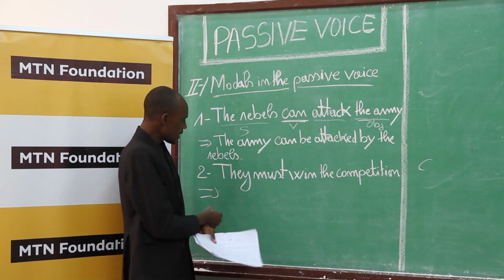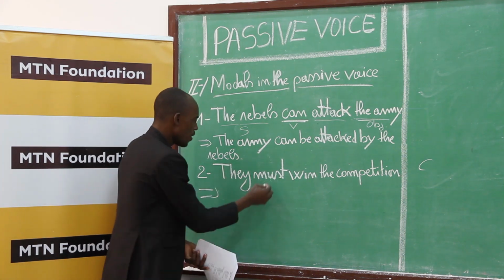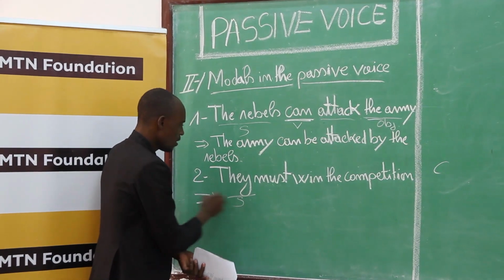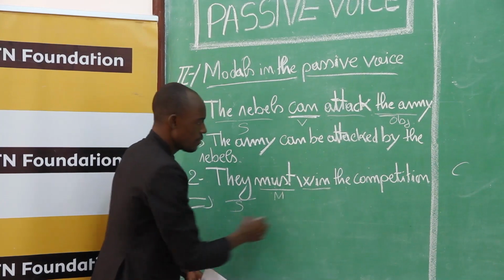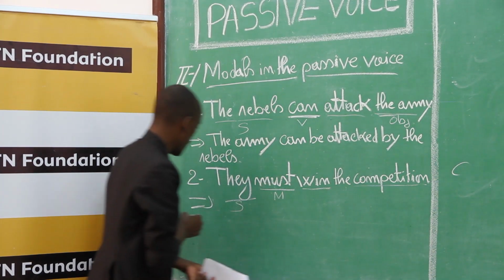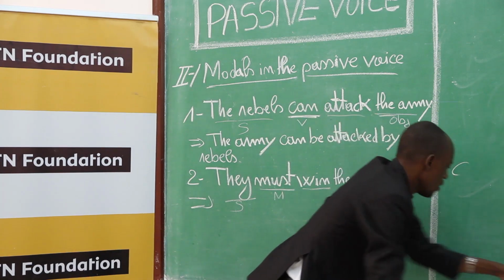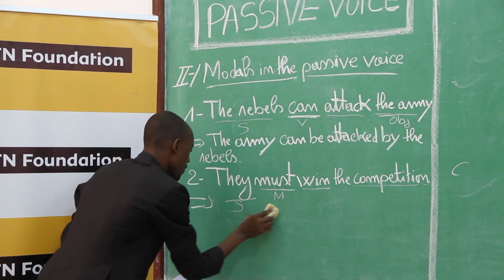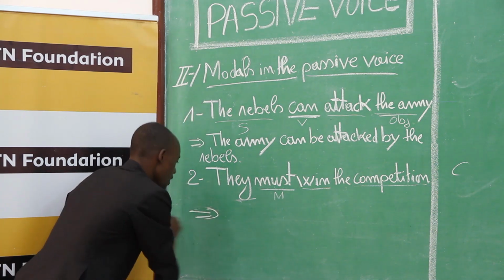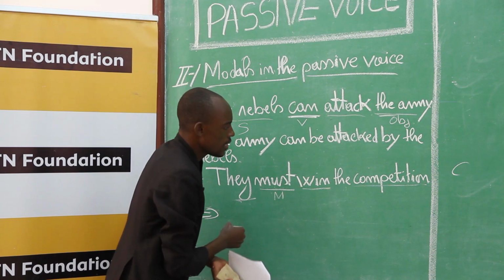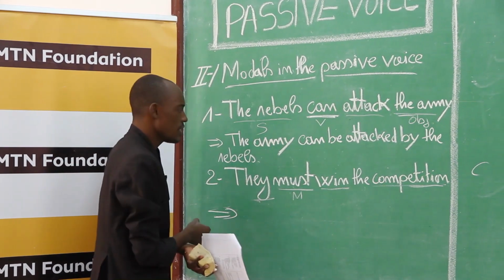Now let's take the second sentence. Here we have the subject and modal verb, another verb, and the object. In passive voice, as I told you, the object becomes the subject.